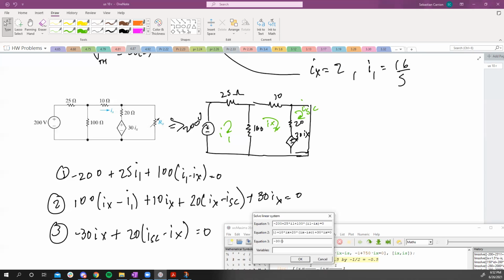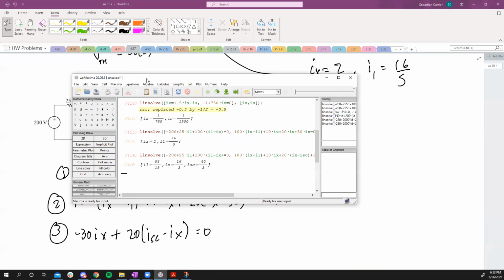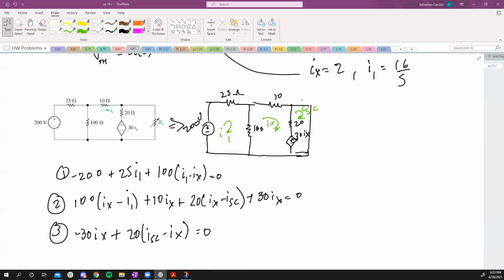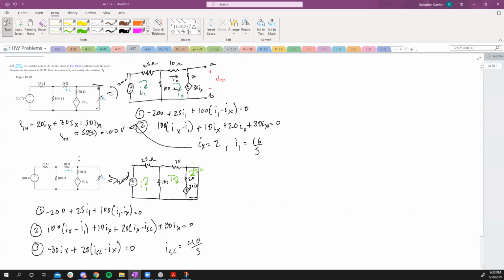Negative 30 times IX plus 20 times I short circuit minus IX equals 0. So we have I1, IX, and I short circuit. We want to know what I short circuit is, so it's 4 over 3, right? And we know our V Thevenin is 100.